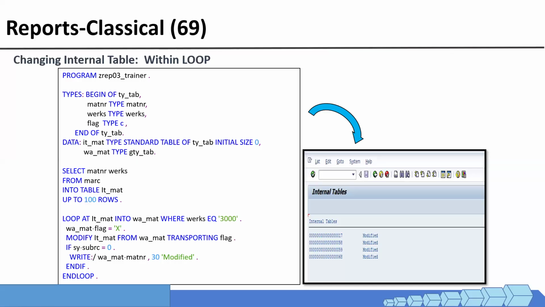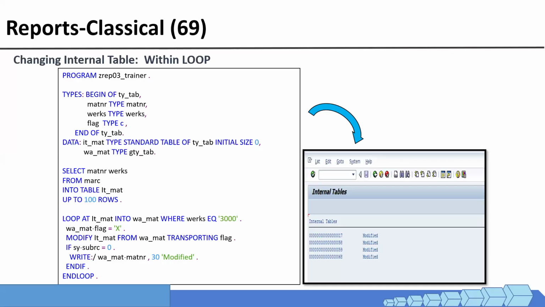But now you are saying that each time it reads the plant as 3000, it marks that flag as X, and those fields are updated in the MARA table, say at 17, 58, 59, 68. Exactly, transporting means only modifying that field in the work area.